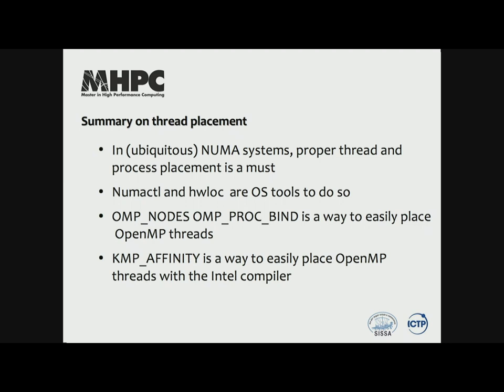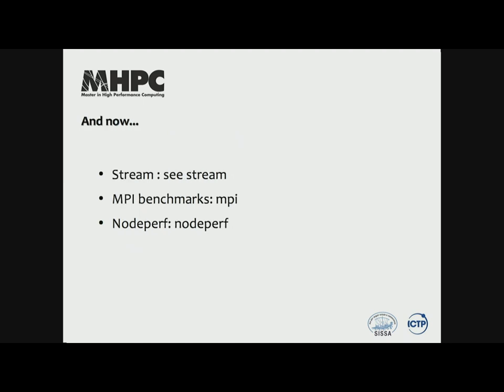It's even too good, because sometimes it plays really dirty tricks if you are not careful. But in any case, KMP is also another important tool. And then we have a few examples and a few tests to play with.